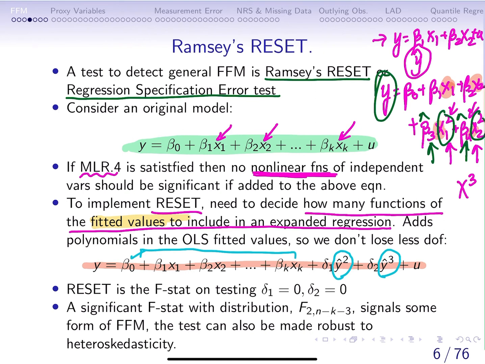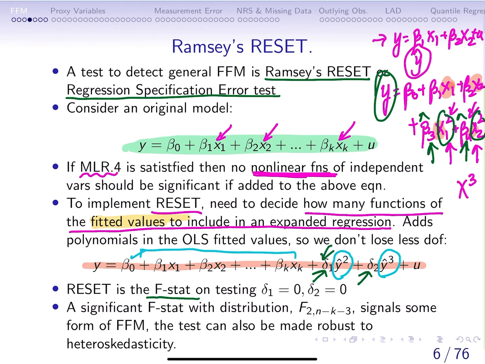Then you're going to check the F statistic on those deltas that appear as coefficients on the quadratic and cubic forms of the fitted values. If you were testing just one of these, that would be a t-test.